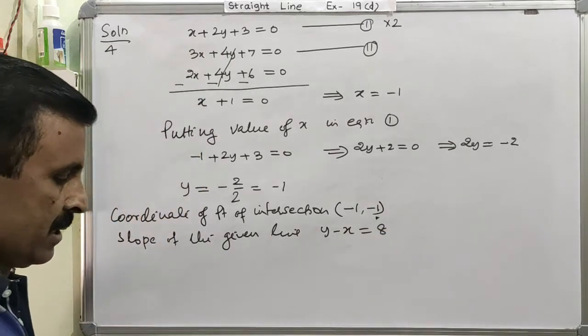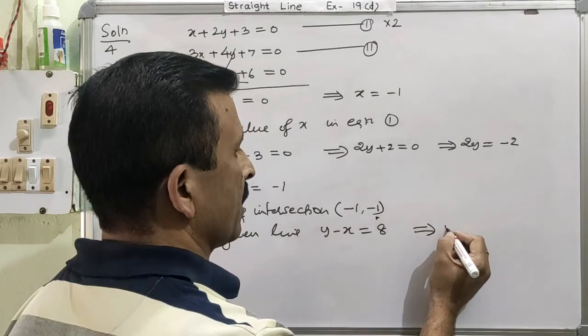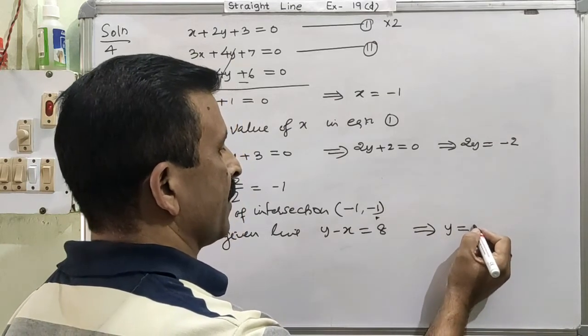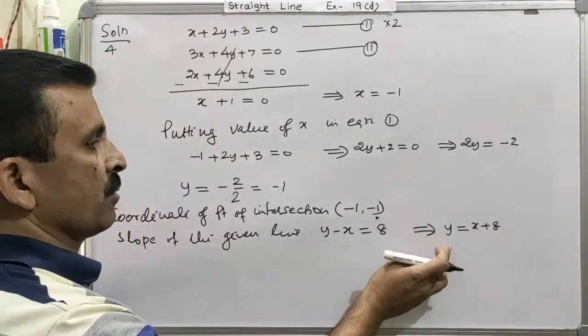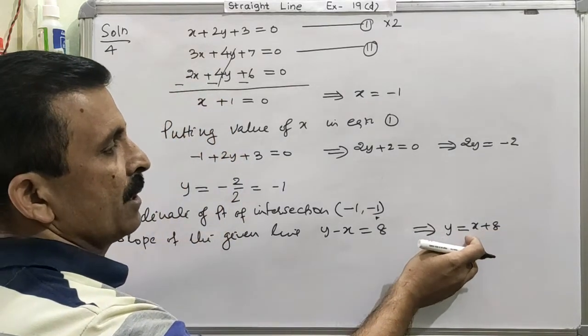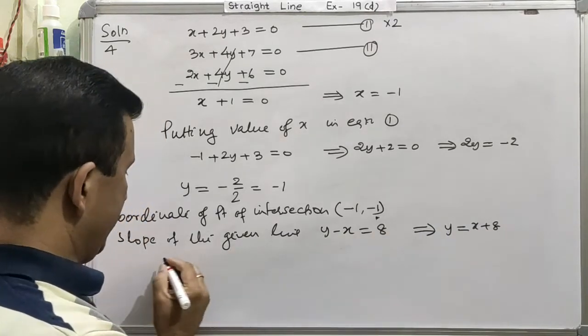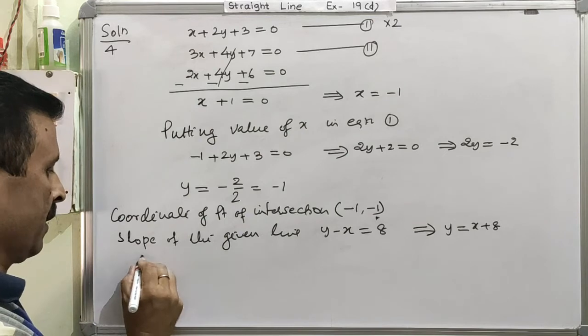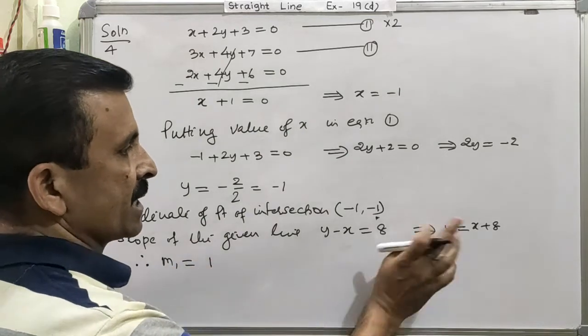Therefore from here we can write down the equation in the slope and y-intercept form, y is equal to x plus 8. Now the coefficient of x will become the slope of this line. Therefore m1 is equal to 1. Coefficient of x is just 1.